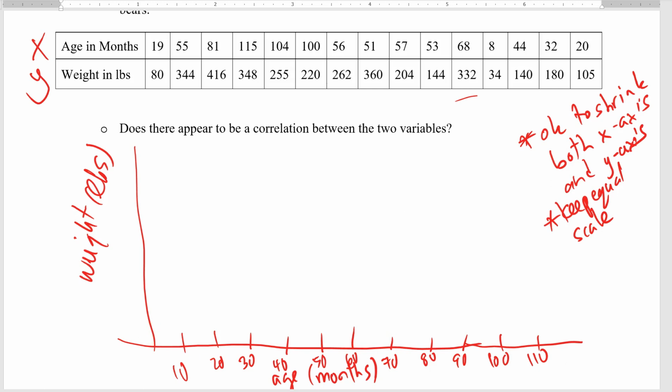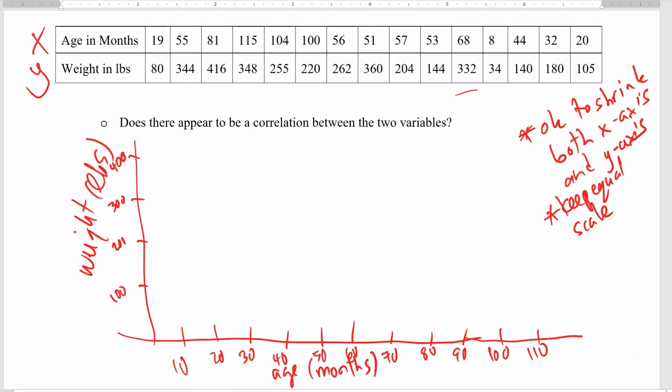Remember, I want to get all the way into the hundreds, so I might just go 100, 200, 300, 400. Now I want a little more precision, but that's going to get me at least close to that 416. So then maybe I'll cut each of those in half so that I have my 50s. And same all the way up here, maybe I keep all the way up to 450.